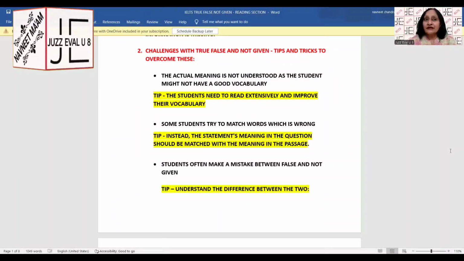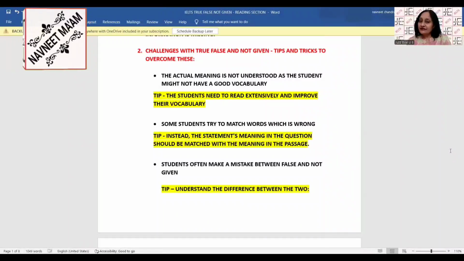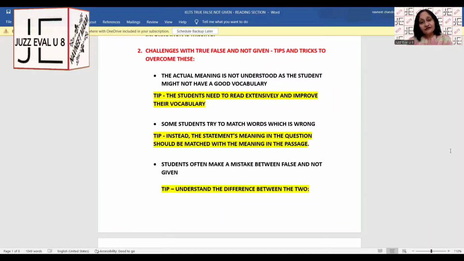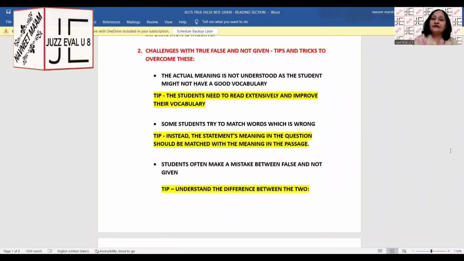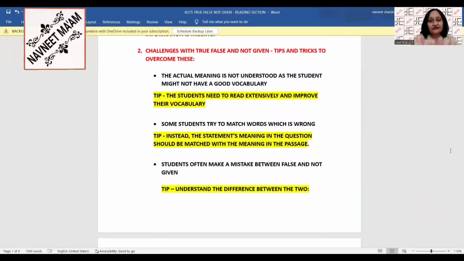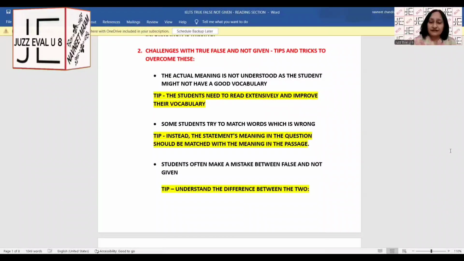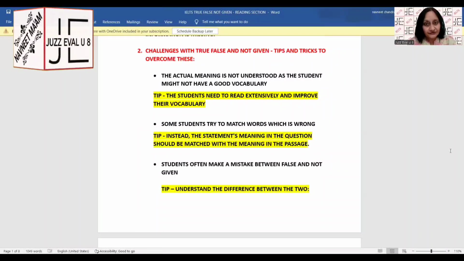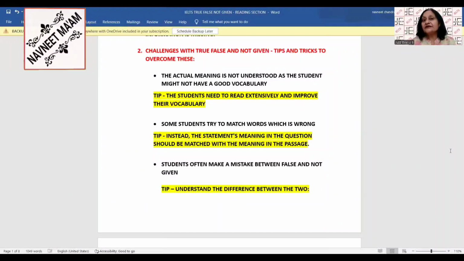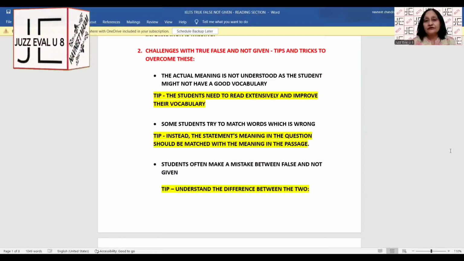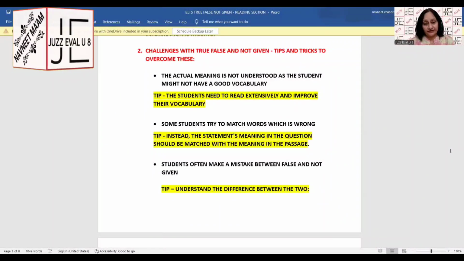Now, some students read the statement in the question and they try to match it word by word in the passage. Like they'll try to find the same word in the passage. Please don't do that. Main thing, as I've told you earlier, match the meaning with the meaning.